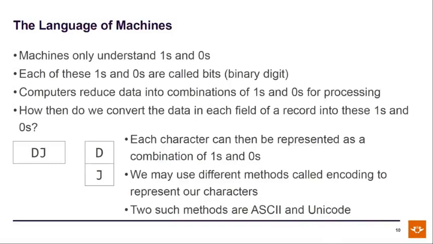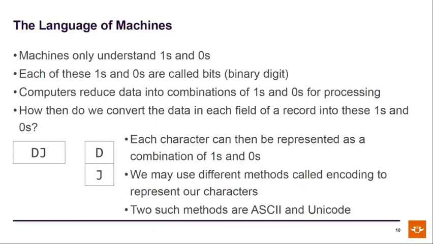So you can either have a 1 and a 0, and we take a subset of these and determine a value based on that. Or you have the hexadecimals, which go from 1 to 9, A to F, if my memory serves me right. That can also represent a value and helps you store information in a way that the machine can understand. So each character can then be represented as a combination of ones and zeros.